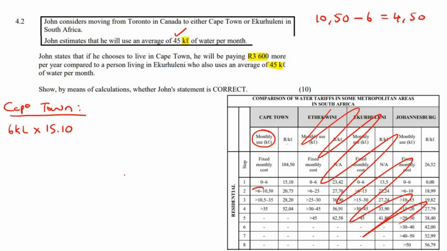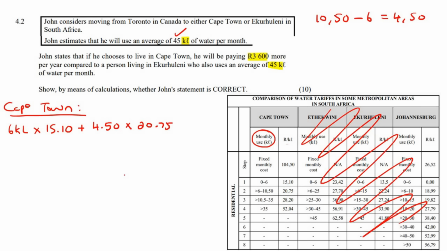So John is allowed to use 4.5 kiloliters inside this one, and he'll be charged that amount over there. So we can say plus 4.50 multiplied by 20 rand and 75. You see, John's being a little bit naughty. He's starting to use more water now, and so he's starting to pay more per kiloliter. You see how it becomes more expensive per kiloliter as you go.